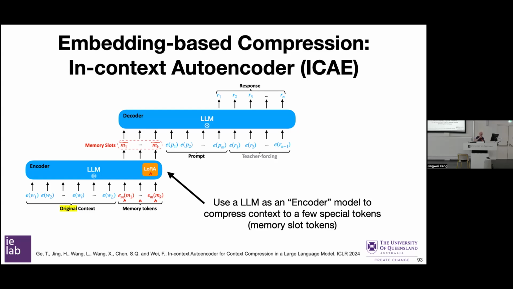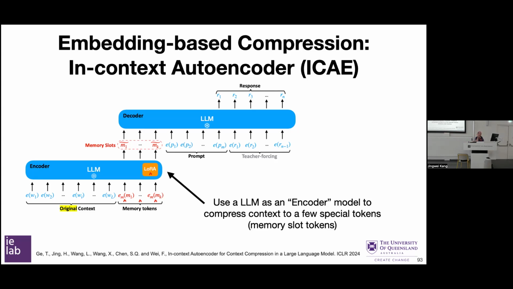That's the encoding phase. Then in the decoding phase, you don't pass all the tokens that you pass to the encoder. In particular, you don't pass your original context, your original prompt. You pass only the embeddings of the memory slots to your decoder, and you get that to do the decoding.